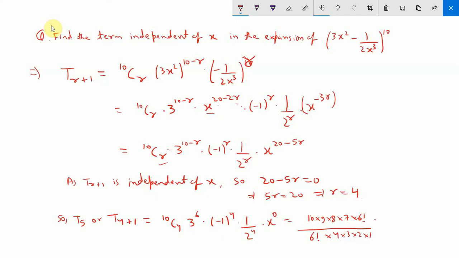And this 3 to the power 6 will be 729, by 2 to the power 4 will be 16, and minus 1 to the power 4 will be 1 only. So after multiplying we will get 76545 by 8. Okay, so in this way we can calculate the term independent of variable.